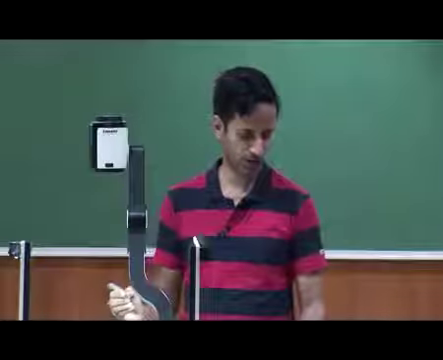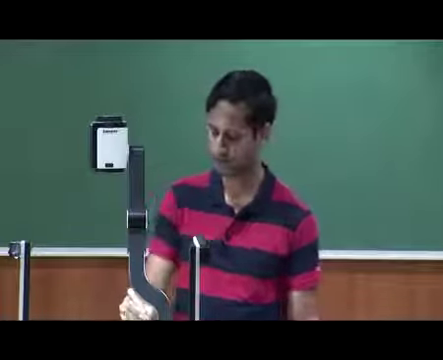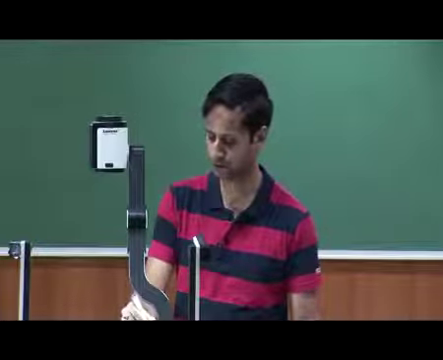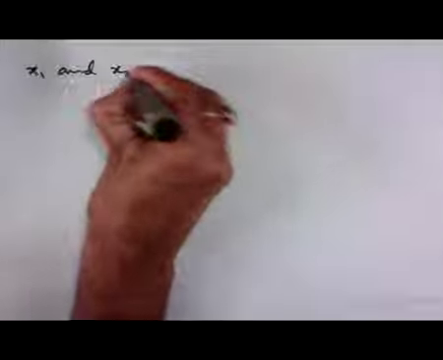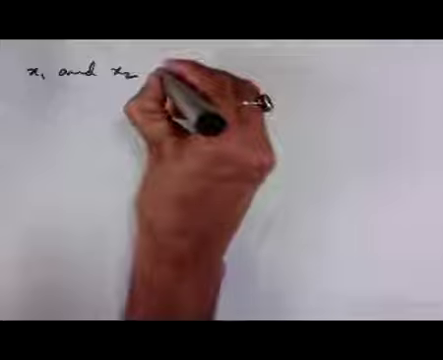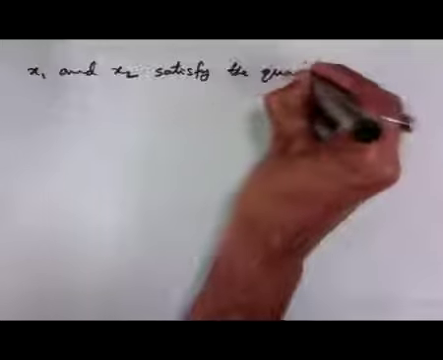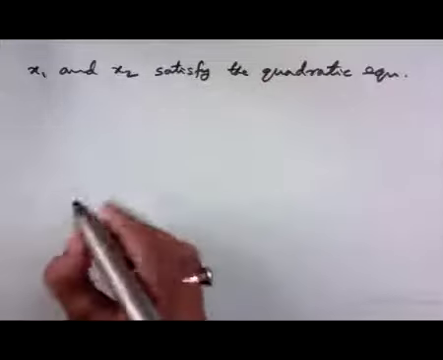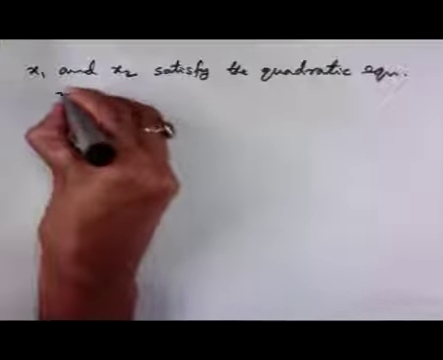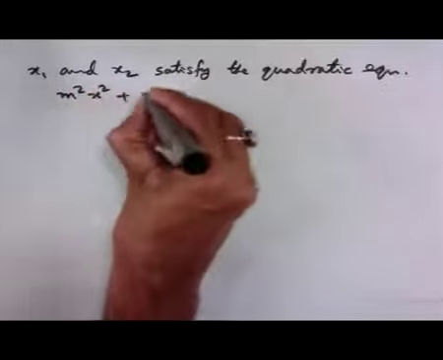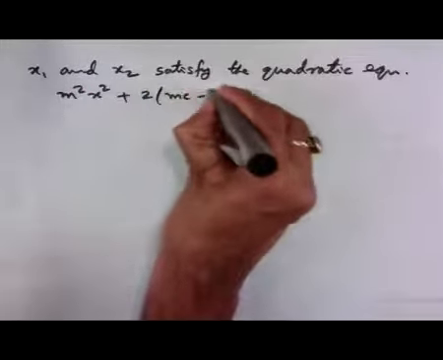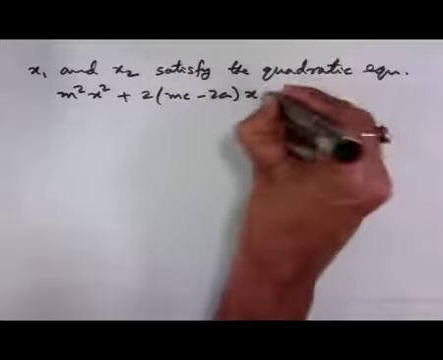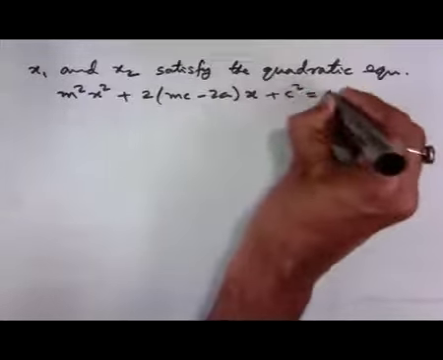Now, what we have seen is that x 1 and x 2 satisfy the quadratic equation that we have derived: m square x square plus 2 times (m c minus 2 a) x plus c square equal to 0.